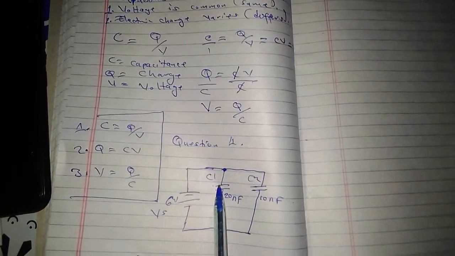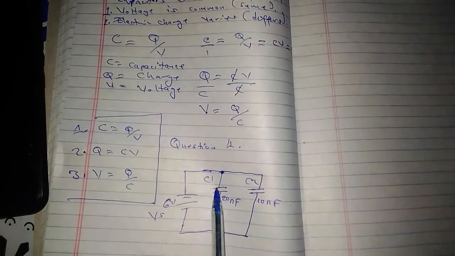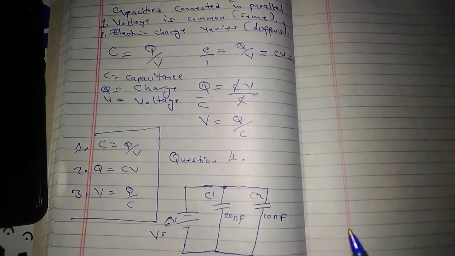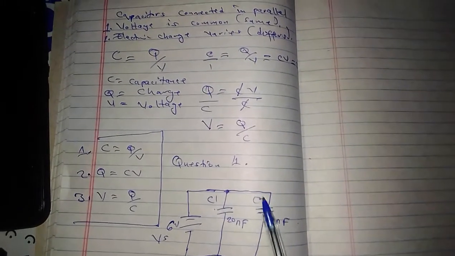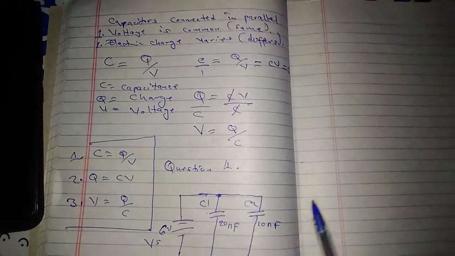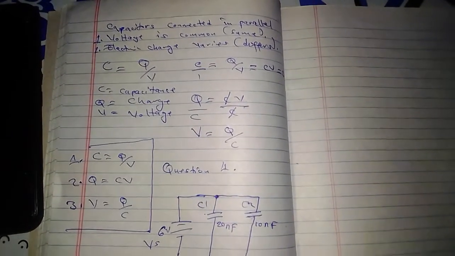If they are more than 2 and you want to calculate the total capacitance, it is the addition, meaning C1 plus C2 plus C3 plus C4 in that order.